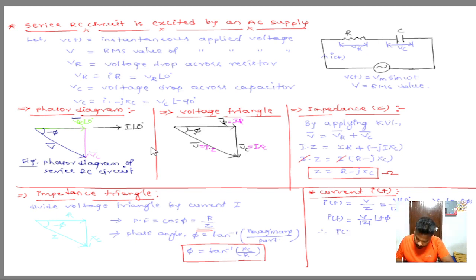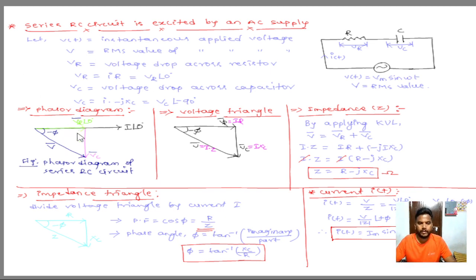Therefore I of t is equal to Im sine of omega t plus phi. This is the current equation of the series RC circuit. Remember this formula also.